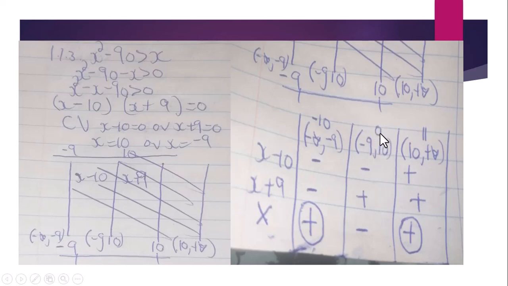You can even take 0. You can take minus 8. You can take 9. Anything that is in between minus 9 and 10. And then a value that is greater than 10, you can just take 11 to the right of 10. A value that is bigger than 10, it's 11.